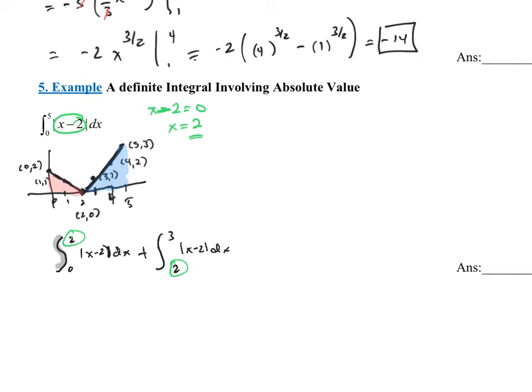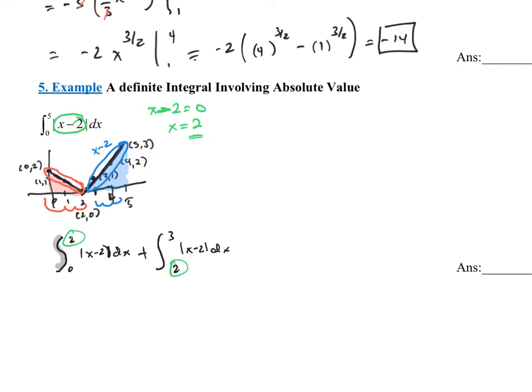So let's think about this now. If I look at just this first area, this red, this first interval, the area from 0 to 2, what is this line right here? Well, maybe it's actually easier to look at the second area over here from 2 to 5. What is this line right here? This line right here is x minus 2.